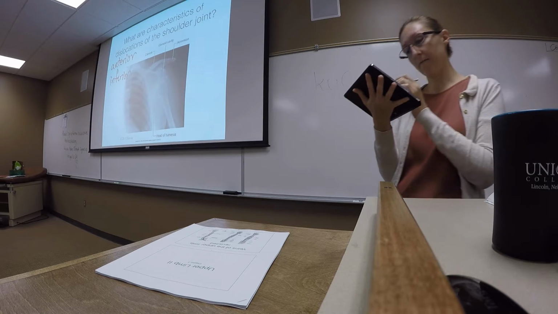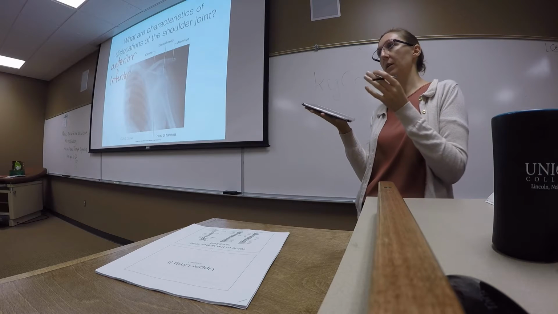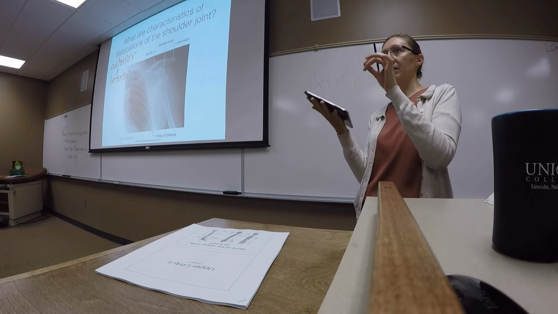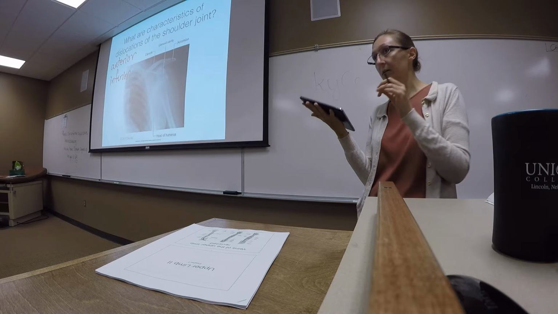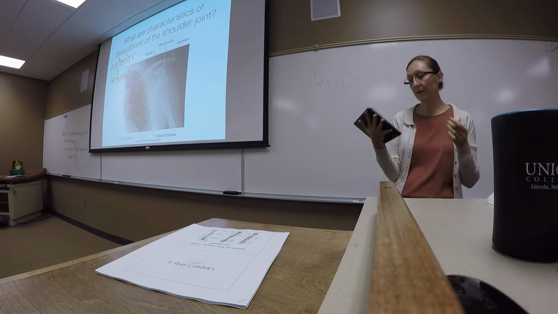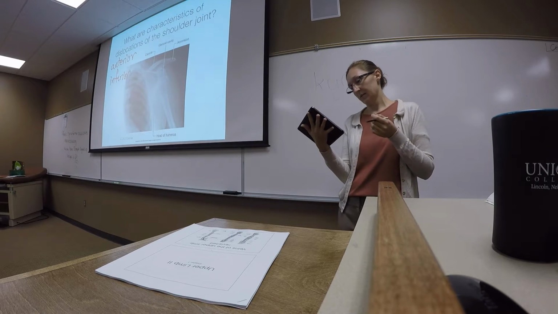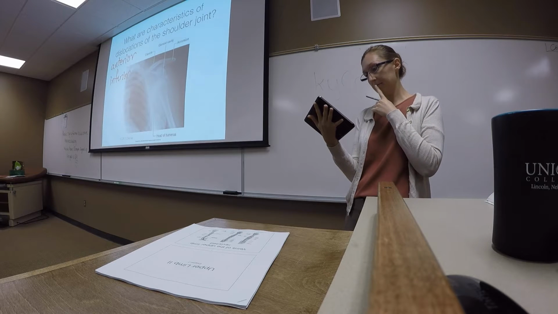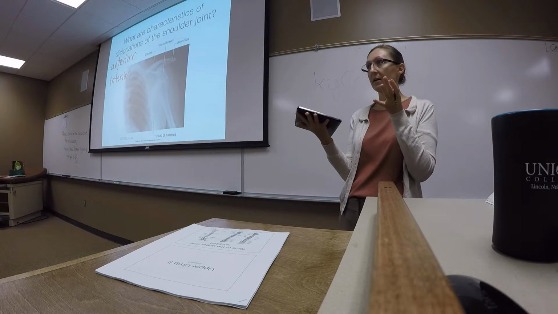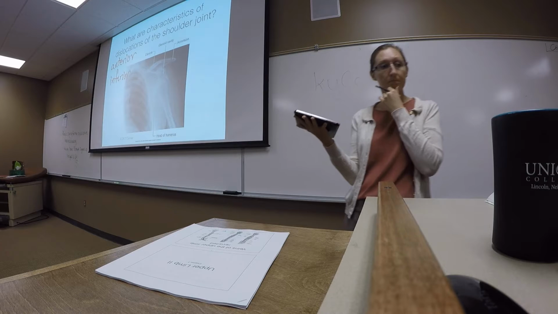Often you also have fracture of the lip of the glenoid cavity and a tear of the glenoid labrum, which adds pain to the injury and further destabilizes the joint in the future.